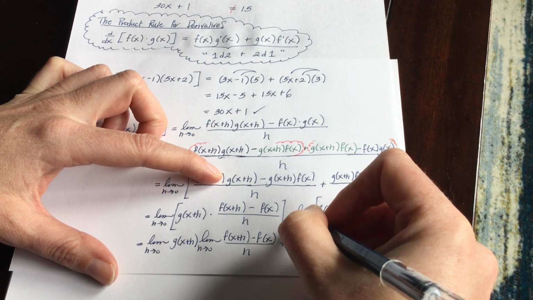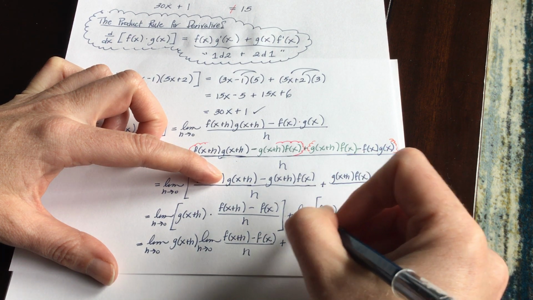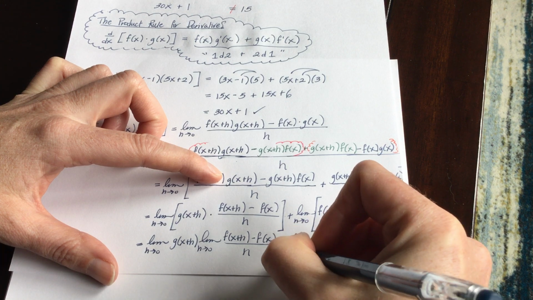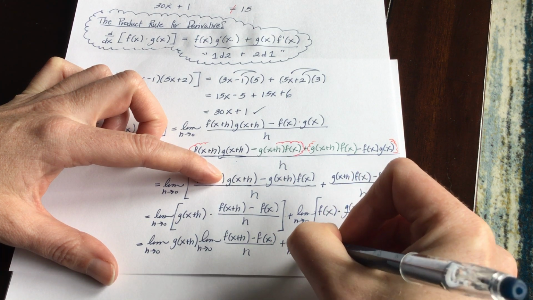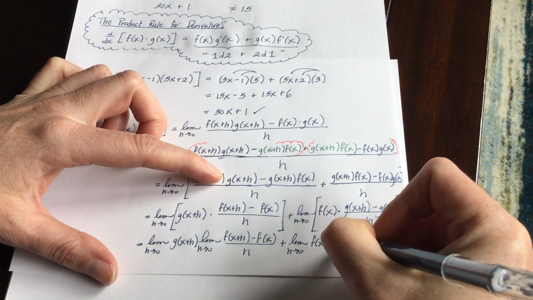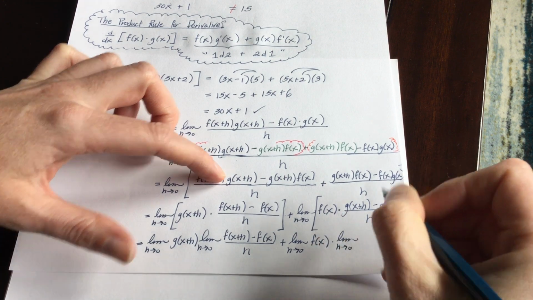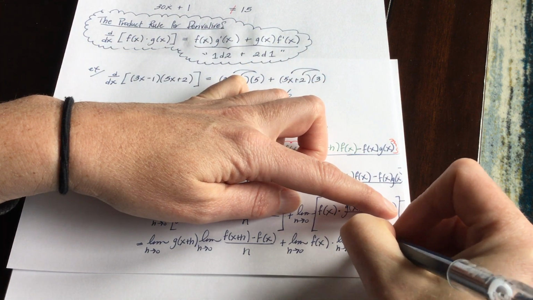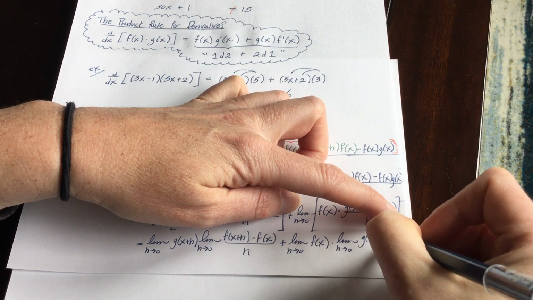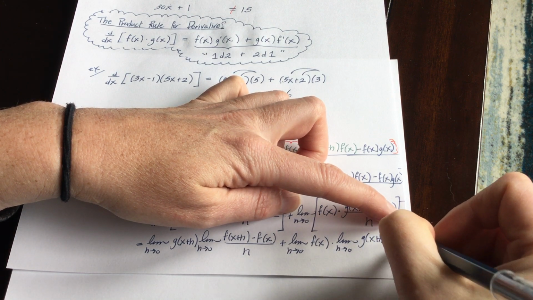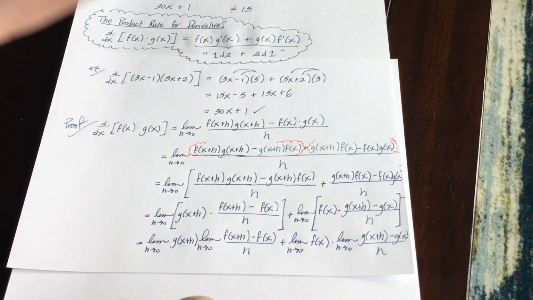Plus, I'm going to distribute this limit over multiplication here as well. Limit as h goes to 0 of f of x times the limit as h goes to 0 of g of the quantity x plus h minus g of x all over h.